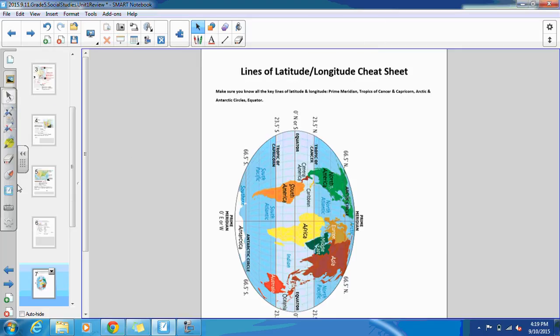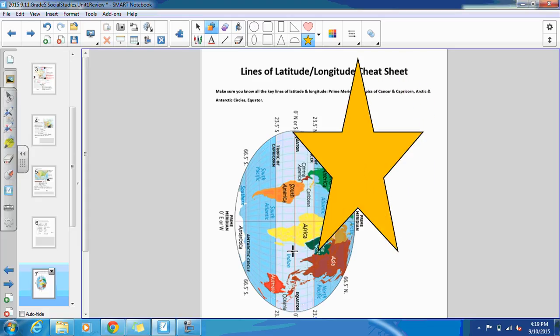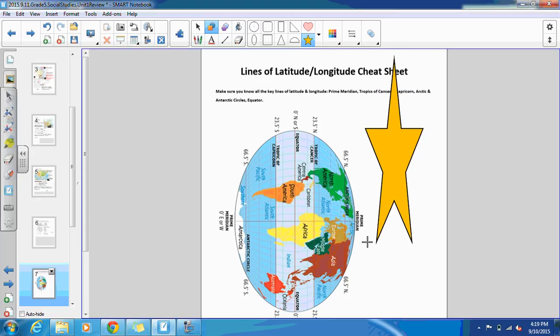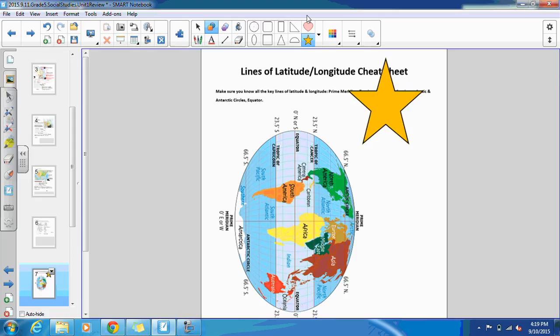Lines of latitude and longitude cheat sheet. So, no, you won't be able to use this on the test, but here is your cheat sheet. You should love this thing because I gave you all the answers for it. Make sure you know where the Arctic Circle is.